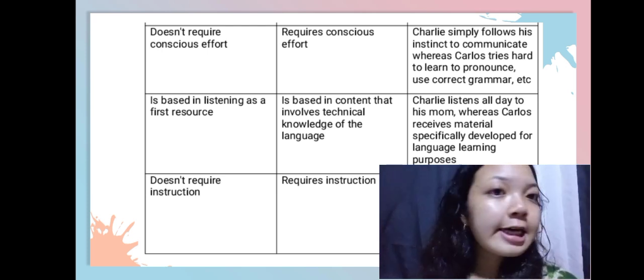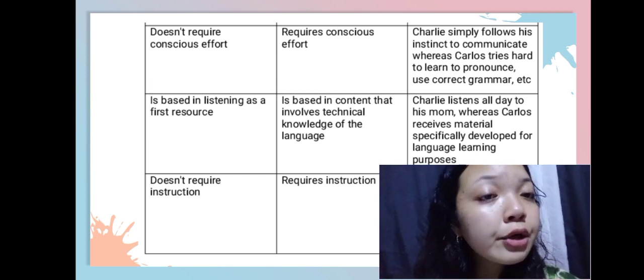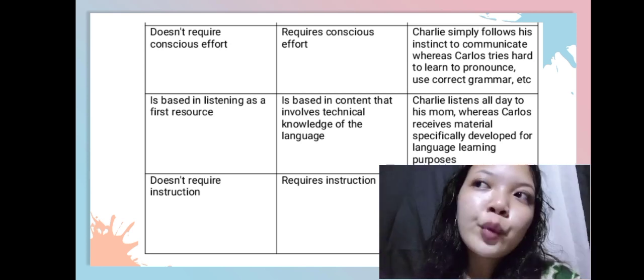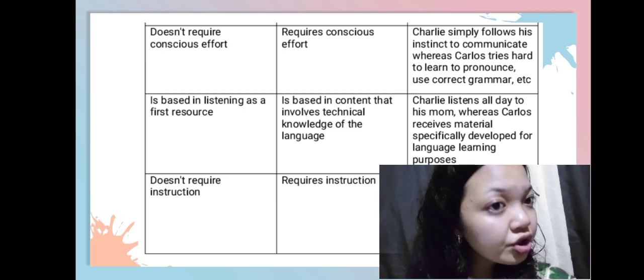Okay, it doesn't work that way when you are learning your first language. But if you are learning your second language, it requires instruction.